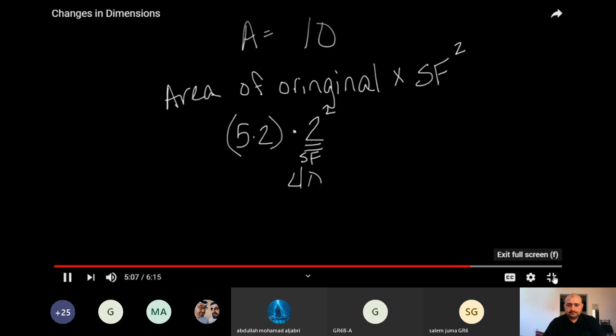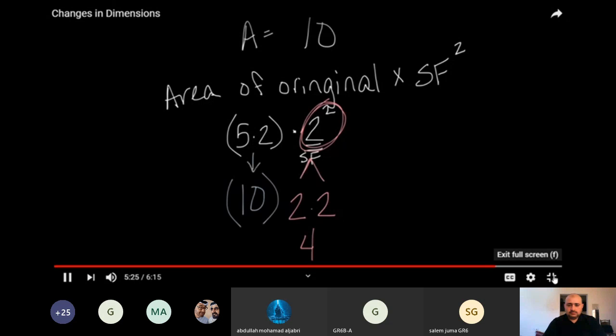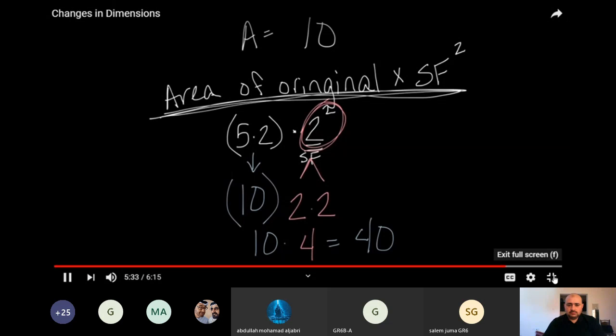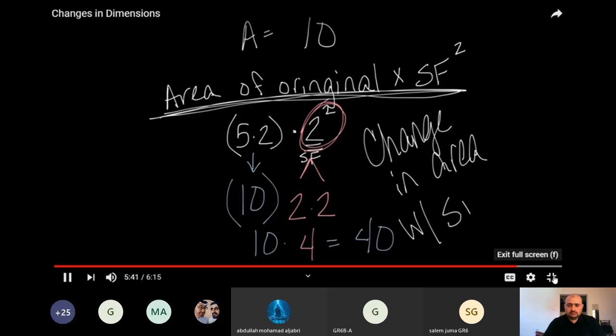So 2 squared means 2 times 2, which is 4. And 5 times 2 was 10. And 10 times 4 is 40. So this is the rule for change in area with a scale factor.